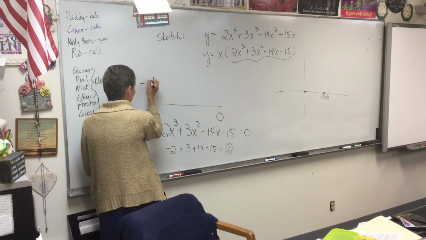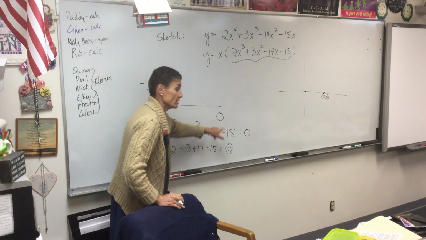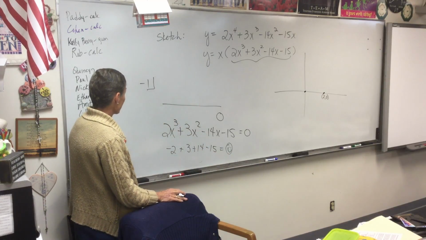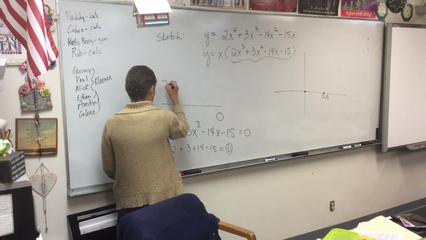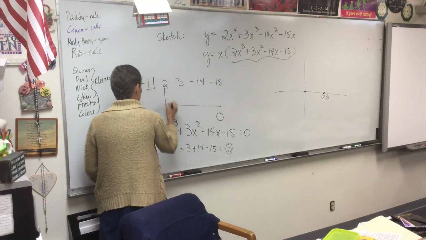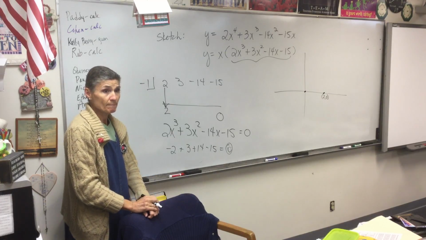Now I know I'm going to divide by negative 1, and I'm going to get a 0 down here, because that's a factor. That gives me 0 when I plug it in. So I have 2, 3, negative 14, negative 15. I'm going to drop my 2 straight down. Remember this from the other day?